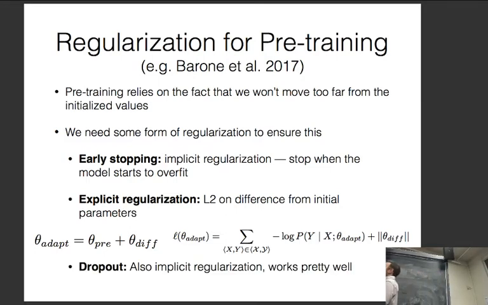Another thing is if you do dropout and combine this with early stopping, this is also a form of regularization. And there was a paper, the Barone et al. paper. They investigated different ways of fine-tuning your model for machine translation.